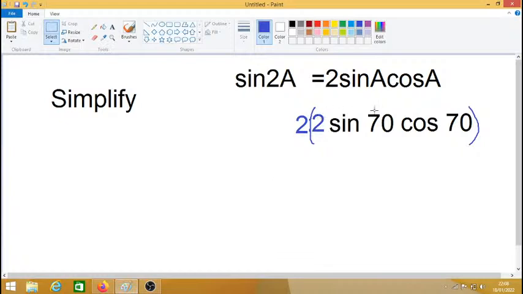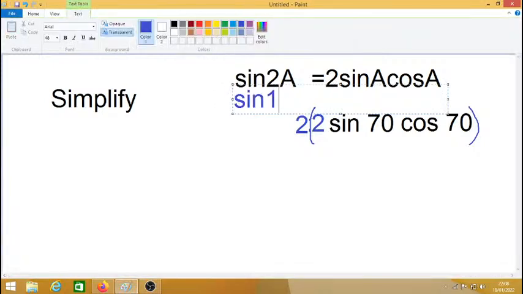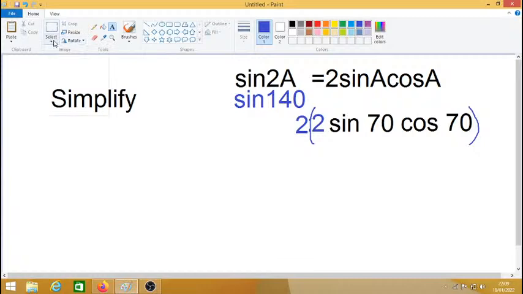So now the 2 sine 70 cos 70 does match the 2 sine a cos a, so that can be replaced with sine of 2a. Remember, a is 70, so 2a would be 140. So I can write sine of 140. All I need to replace is the 2 sine a cos a, which is all of this.